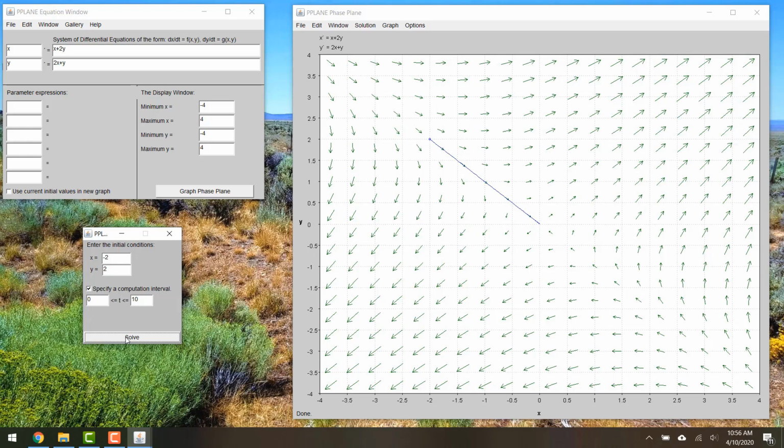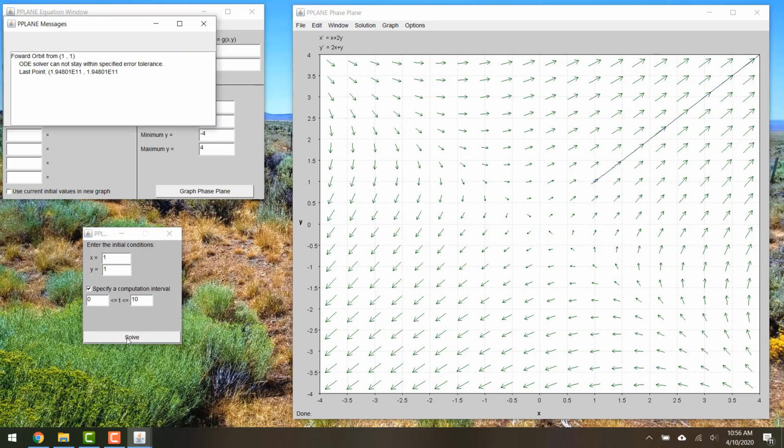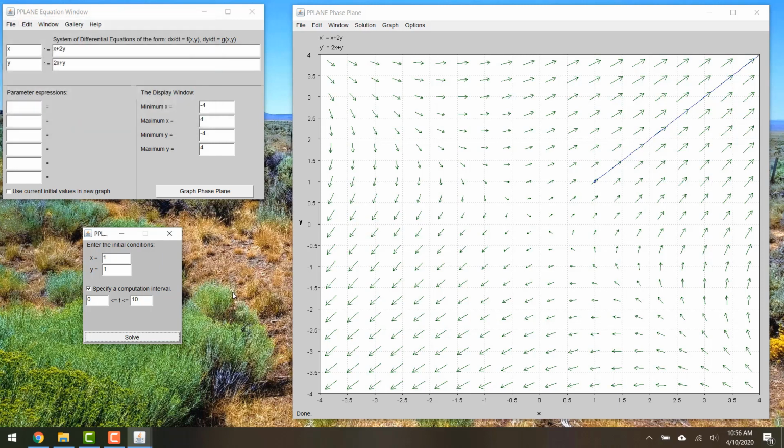Now let's start with an initial point on the line generated by the other eigenvector, which was 1, 1. So let's start at 1, 1 and see what happens. Let me clear that and say solve. This is giving me an alert that going up to t equals 10 made this point go rather far away. Let's just ignore that.